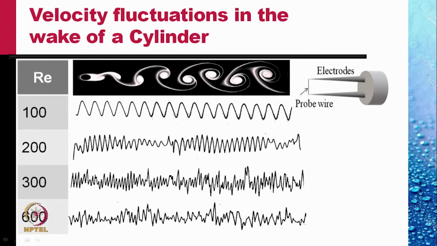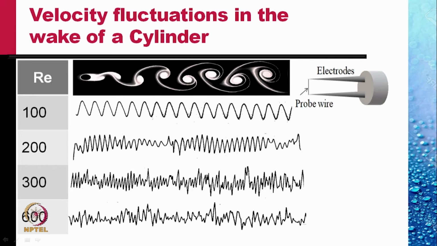We've shown here a few signals at various Reynolds numbers. You see, the Reynolds number is the parameter that we discussed in the Reynolds experiment: the density times the velocity times the diameter divided by viscosity. When the Reynolds number is about 100, you get almost a sinusoidal signal from the hot wire probe. This represents that the vortices are shed with a fixed frequency very regularly.